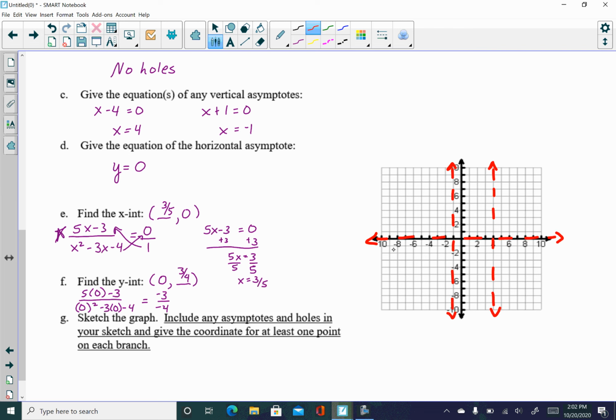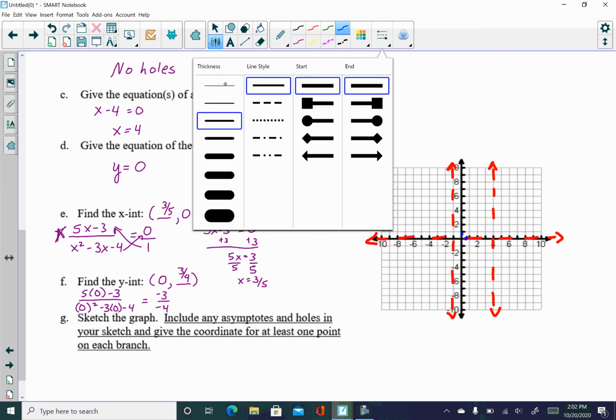Then let's plot those x and y intercepts. We know we are crossing the x-axis at 3/5. 3/5 is 0.6, so just a little bit past a half. And 3/4 is 0.75, so almost to that 1.